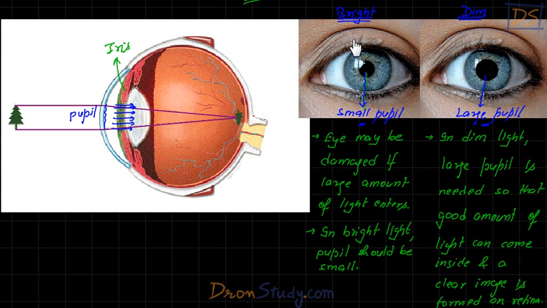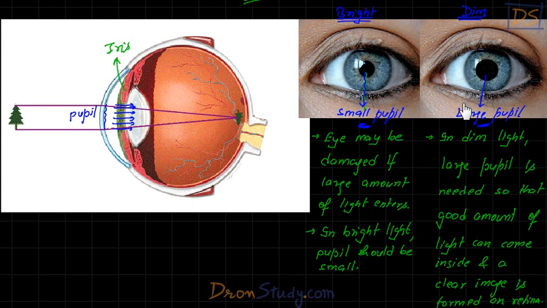The size of the pupil automatically changes. You don't even know about this, students. Did you know about this before? No. Since childhood, since you have been born, this phenomenon is continuously happening.